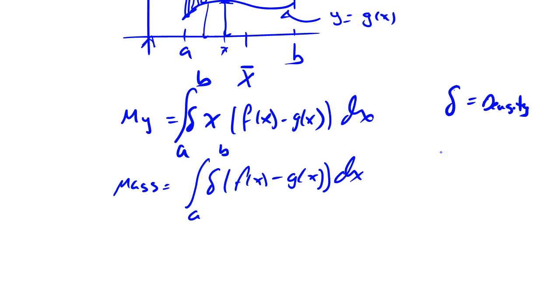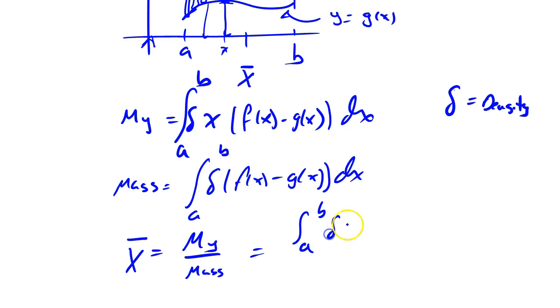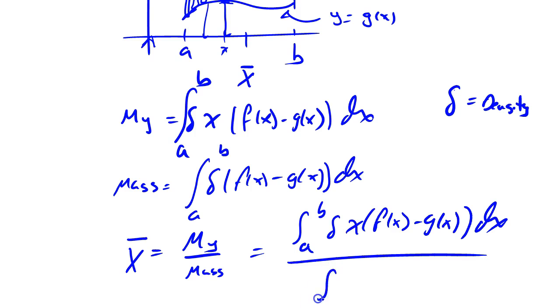And now I've got total moment, total mass, and so the x bar, the average x value, is going to be my over the mass, which is the integral from a to b of delta times x times f of x minus g of x dx divided by the integral from a to b of delta times f of x minus g of x dx.